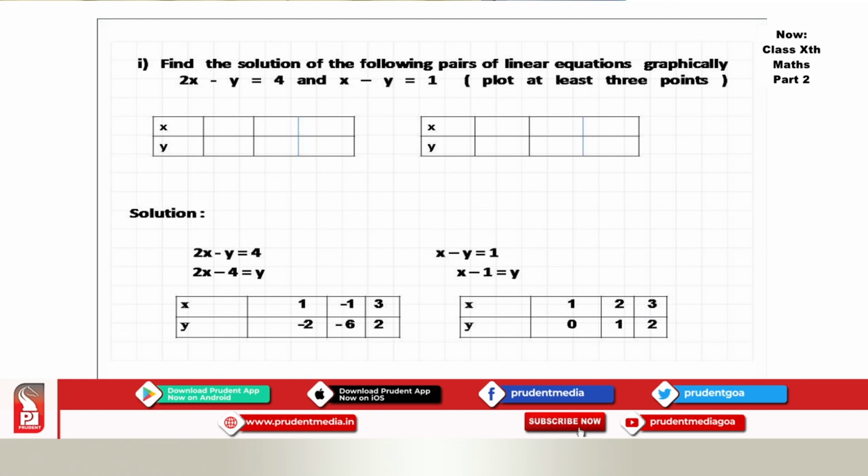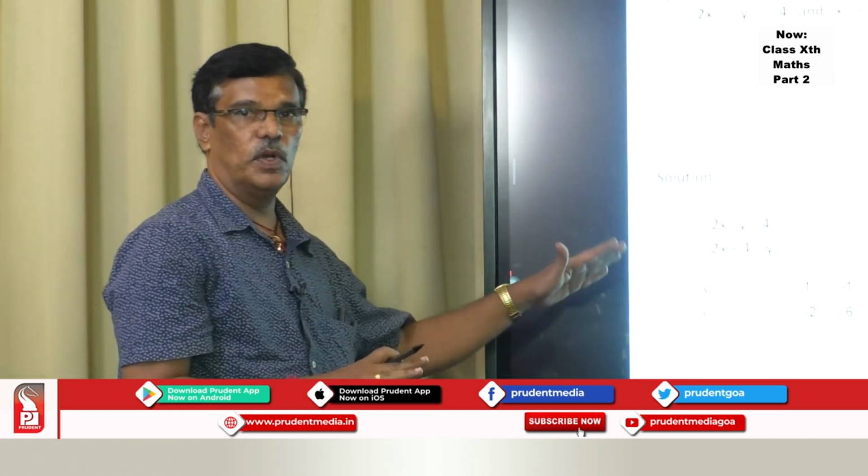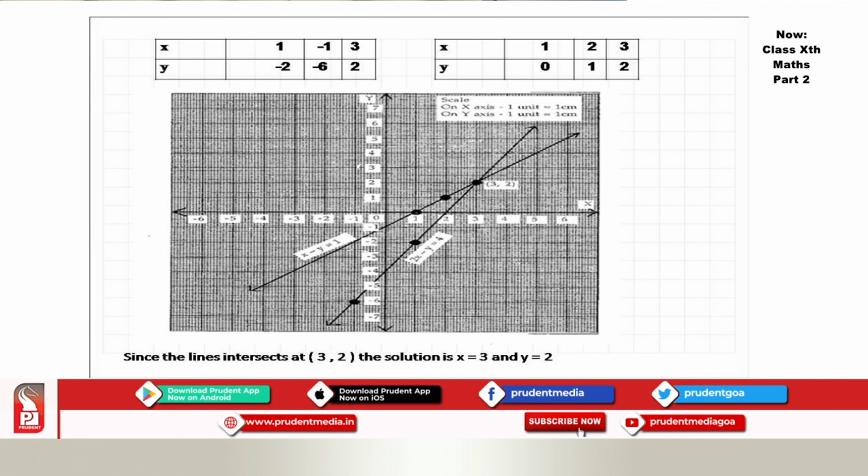Now once I have taken all the coordinates, now I have to plot these points on the graph page. Now let me show it on the graph page now. See here. On the graph page, I have marked here now, this is y axis, this is x axis, it is clearly mentioned here x axis and y axis.